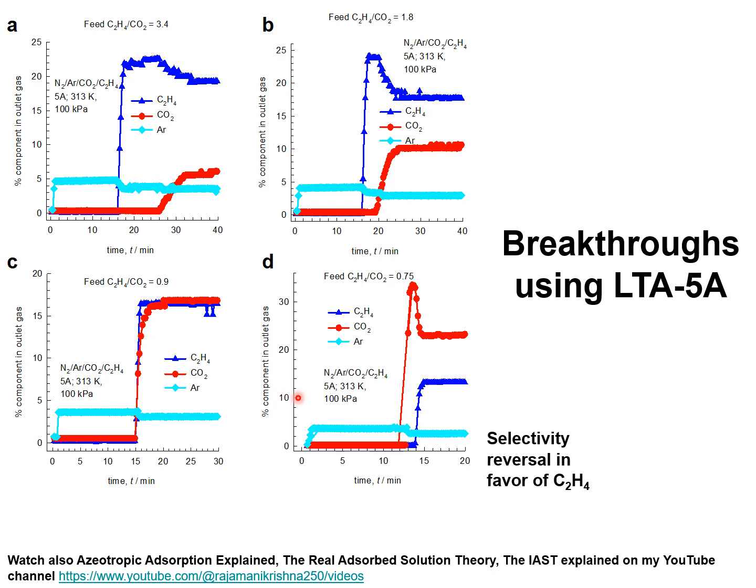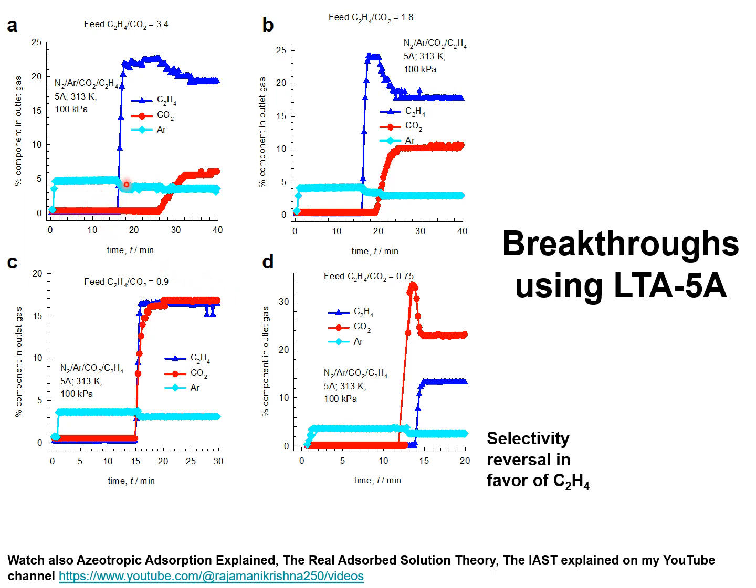The breakthroughs with LTA-5A zeolite have a strikingly different characteristic. Here I show the experimental breakthroughs for four different feed compositions in which the feed ratios of C2H4 to CO2 is maintained at 3.4, 1.8, 0.9, and 0.75.